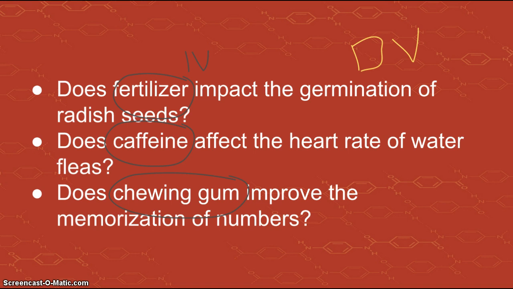The dependent variables are what we're measuring as a result of the change. So in the first example, the number of seeds that germinate would be the dependent variable. The heart rate of the water fleas would be the dependent variable, and the memorization of numbers would be the dependent variable.